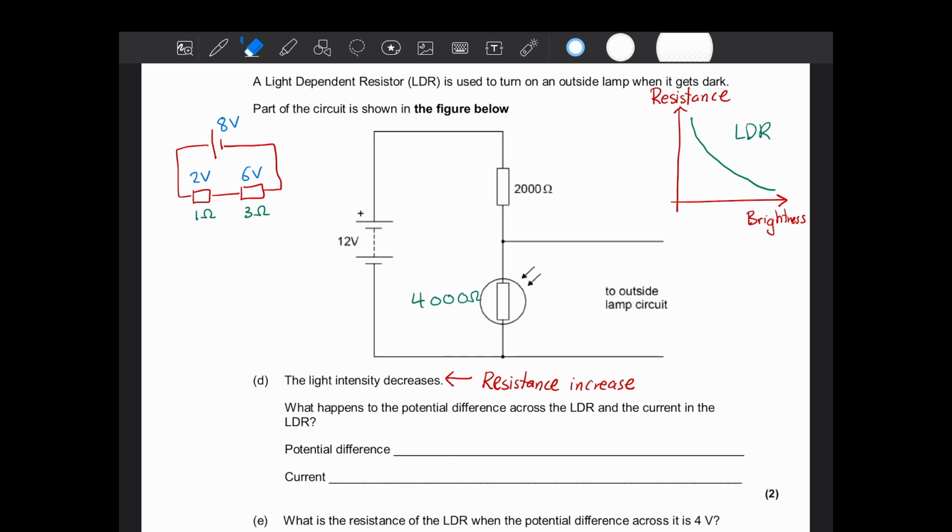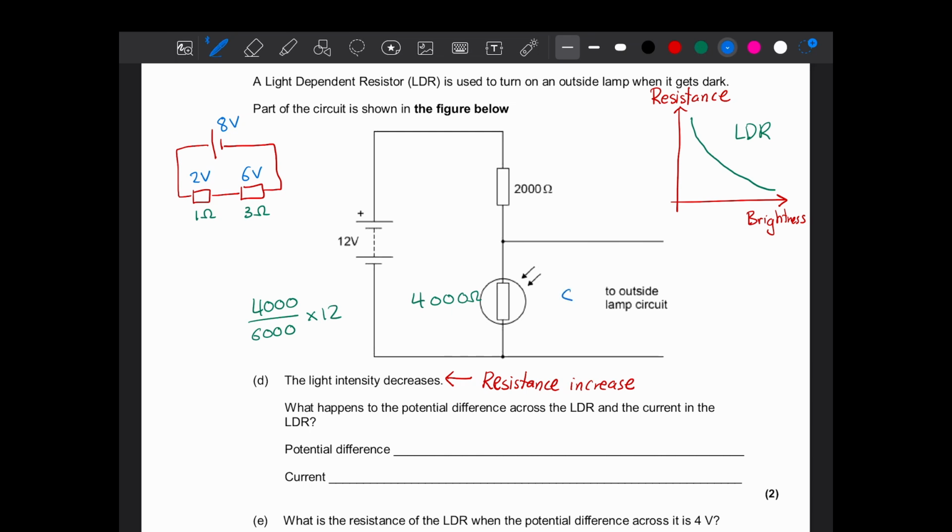Now, my potential difference needs to split in a different ratio. So, instead of splitting evenly, the potential difference across this resistor is now double that of this resistor over here. So potential difference has to go up because this has a bigger resistance, so it gets a bigger share of the potential difference. Actually splitting it, we might as well do it, why not? It would be 4000 over 6000 for total resistance, multiplied by 12, and that gives us 8 volts.